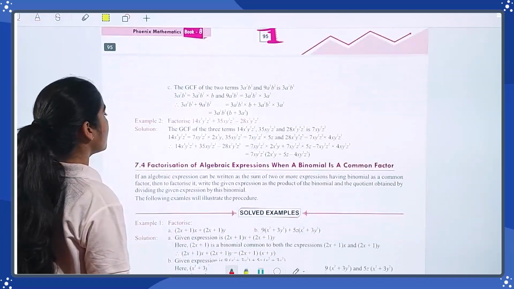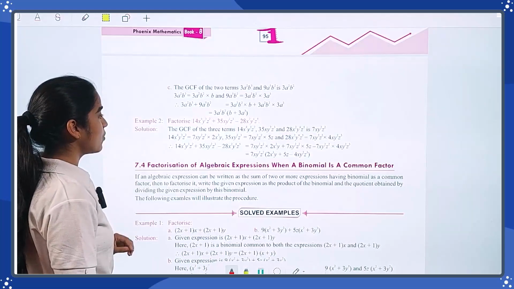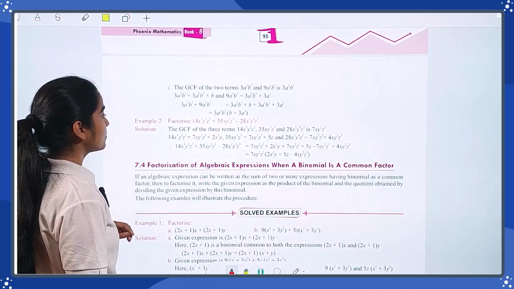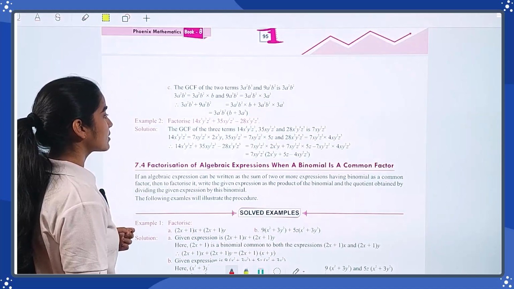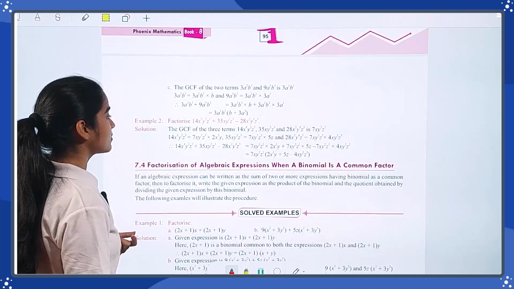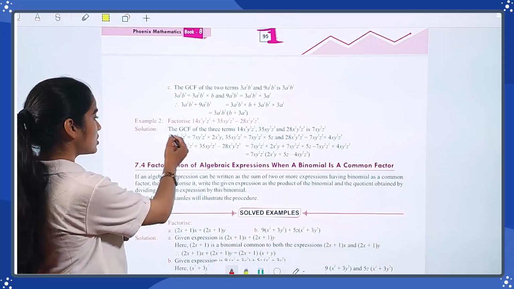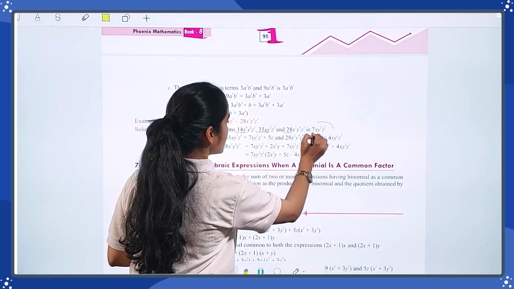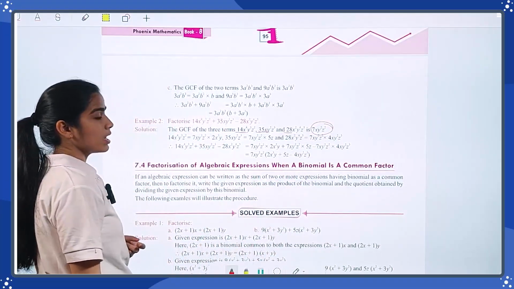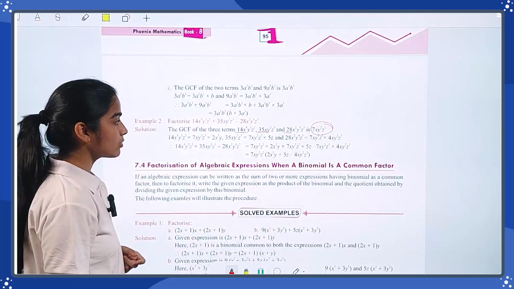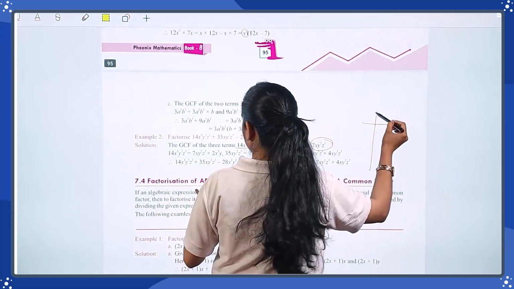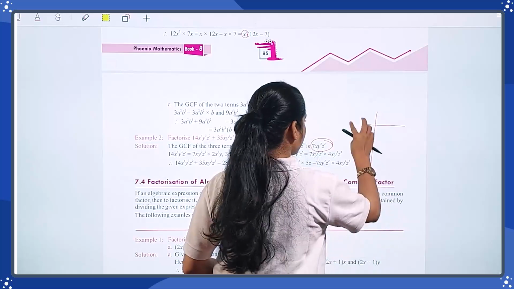Okay. Next we have to factorize 14x to the power 4, y to the power 3 and z to the power 2, plus 35x y to the power 2 z cubed, minus 28x to the power 2 y to the power 4 and z to the power 5. So the GCF of the three terms is 7xy squared z squared. How can you calculate it? You can find the GCF, the greatest common factor.